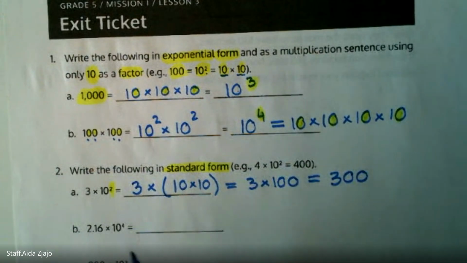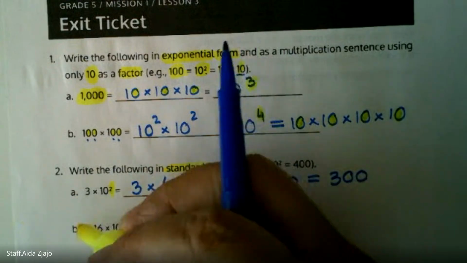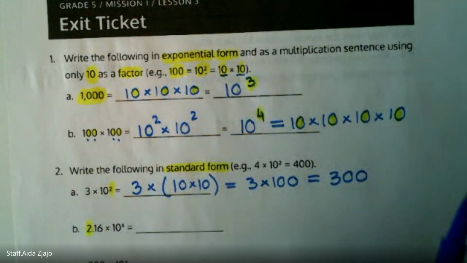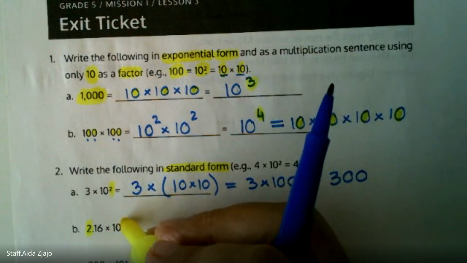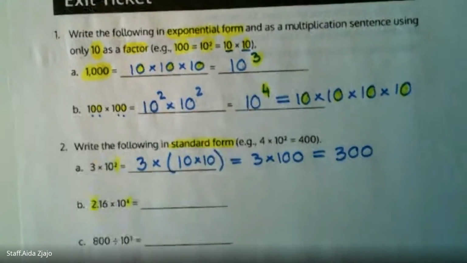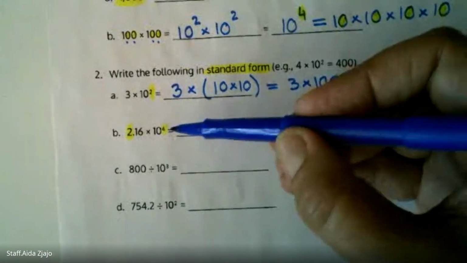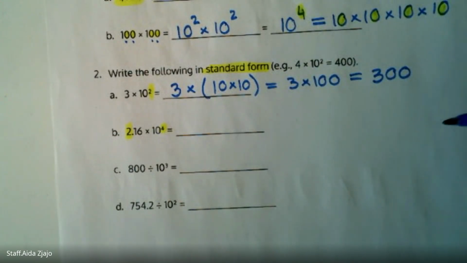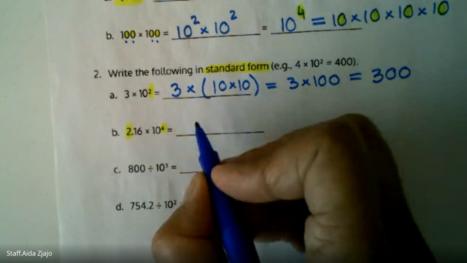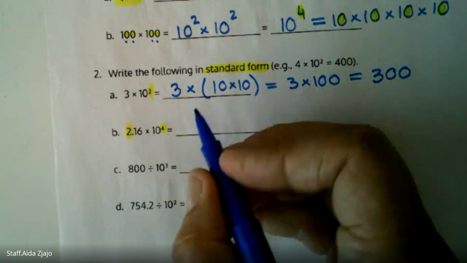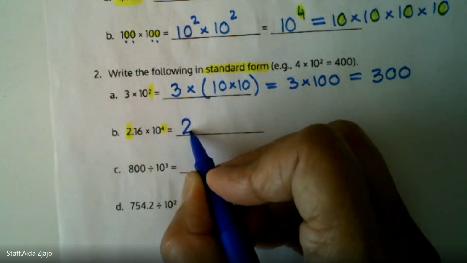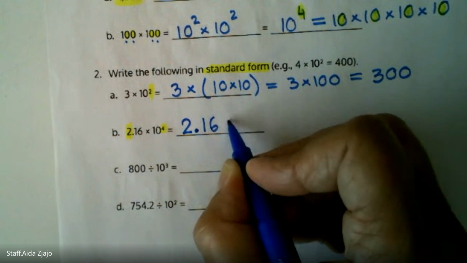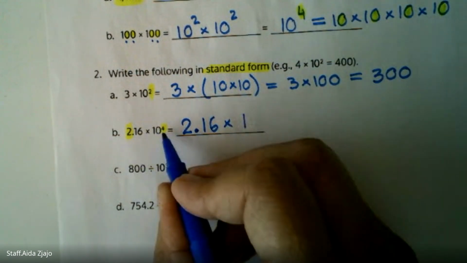Now, this 2 and 16 hundredths multiplied by 10 to the power of 4. So when you look at 10 to the power of 4, that means it's 1 and 4 zeros, which is 10,000. So you can see 2 and 16 hundredths times 1 and 4 zeros.